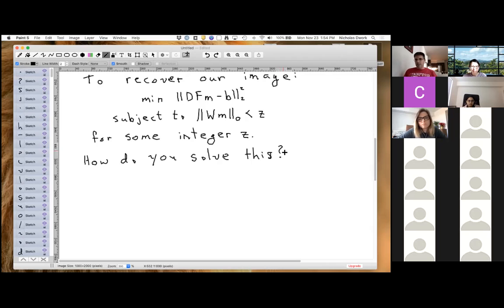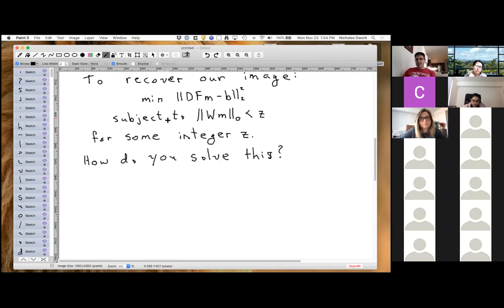One answer is we cannot solve this. This is called an NP-hard problem. And humans don't have a good way to solve a problem like this. But we've got a trick that does pretty well, okay? We got a trick that does pretty well.